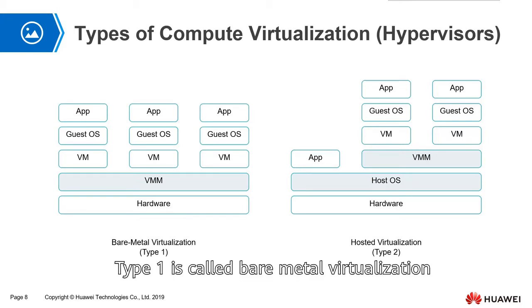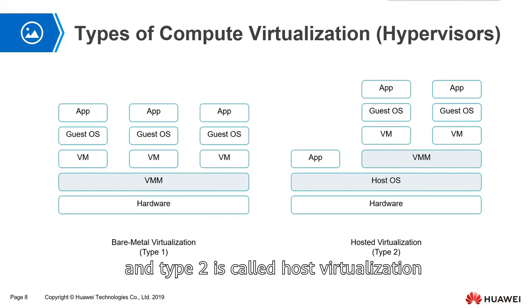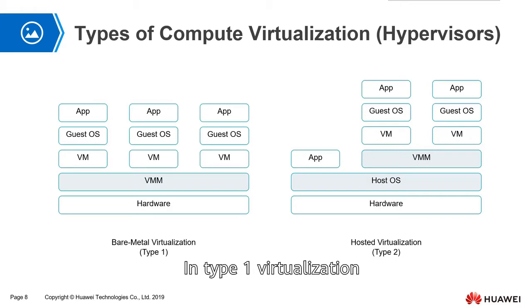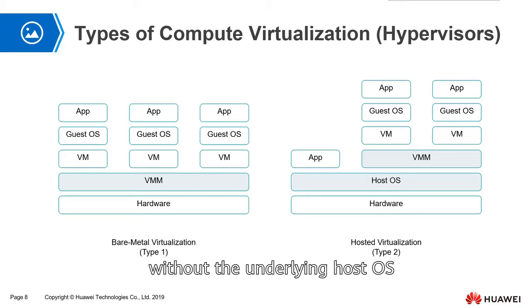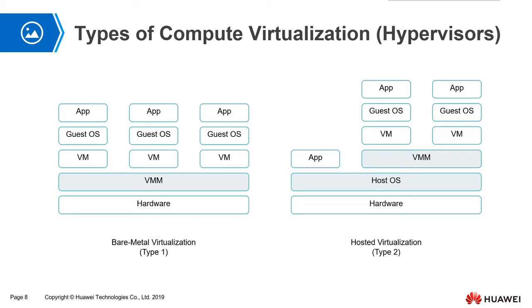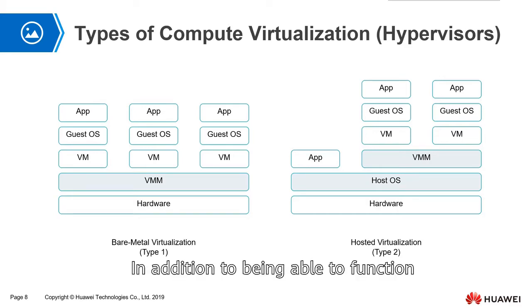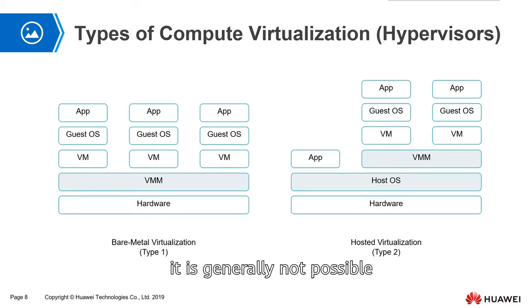Type 1 is called bare metal virtualization, and type 2 is called host virtualization. In type 1 virtualization, hardware resources can be called directly without an underlying host OS. Or, in the type 1 virtualization solution, the hypervisor itself is both the host OS and the guest host OS. In addition to functioning as a VMM, it is generally not possible to install other applications on this host OS.